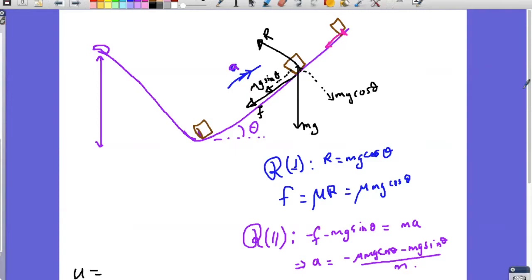You have to know that once the object reaches this point, this frictional force will automatically change direction. Friction will be facing that way, and the value is not the same as this value here. This value was mu R. When it changes direction, and if it stays here, then this friction will be less than mu R.